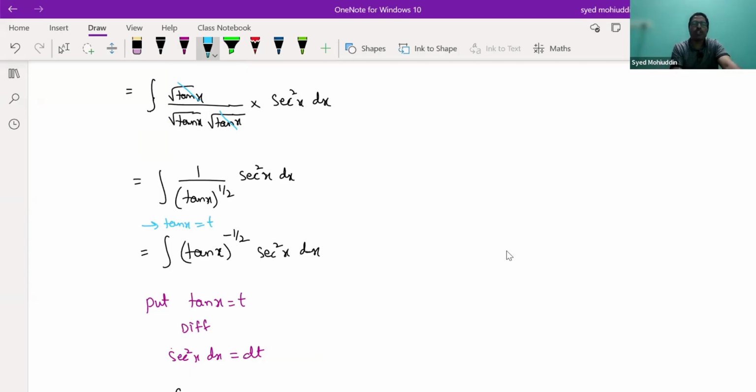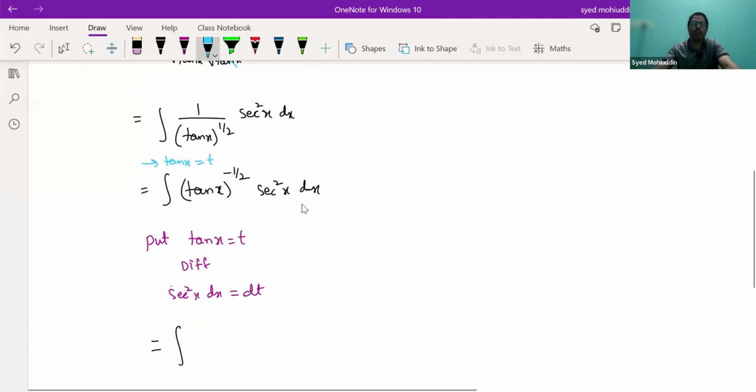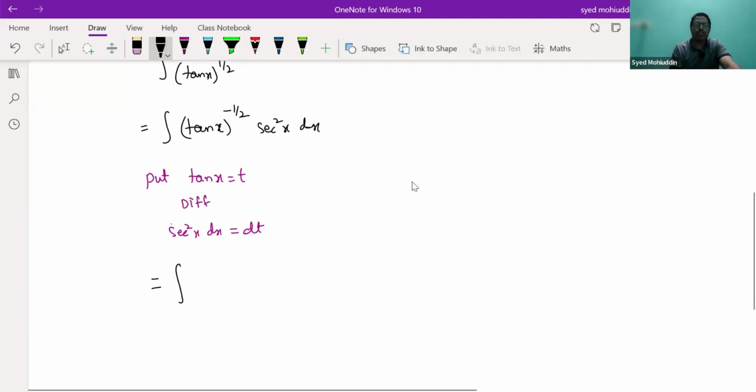Otherwise, you have to express t to the power of minus half. Instead of taking tan, you'll be taking t in the numerator and making that t power of minus half. Instead of doing it at that step, I'm doing it at this step only. That's the only difference. So if you plug in this value, it is t power of minus half, and secant square of x into dx will give you dt.